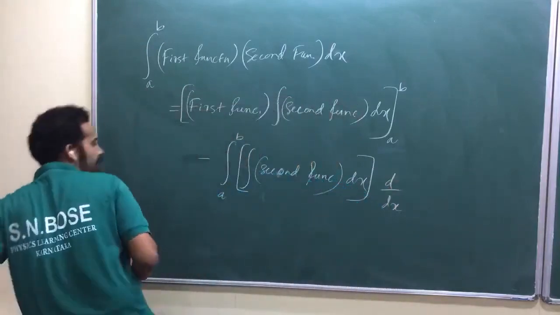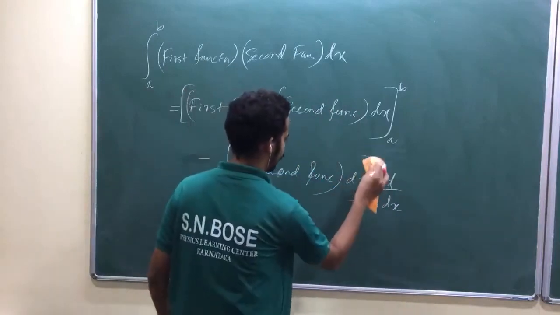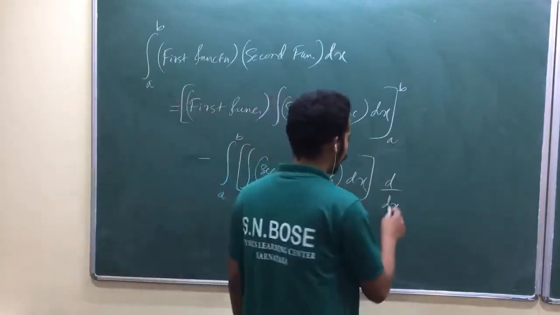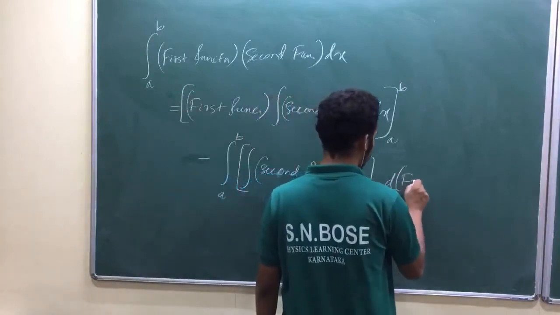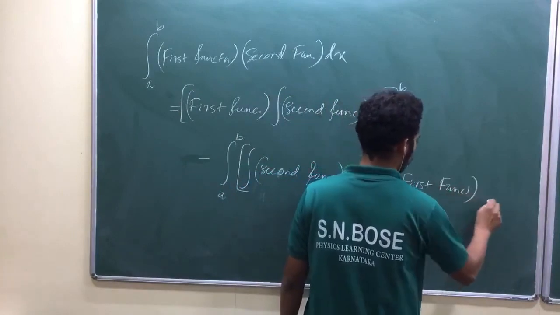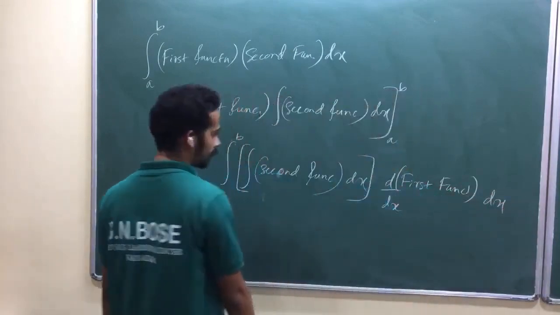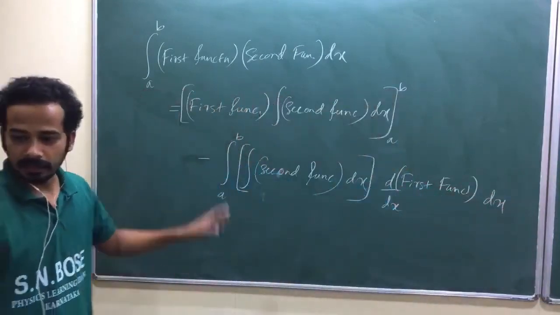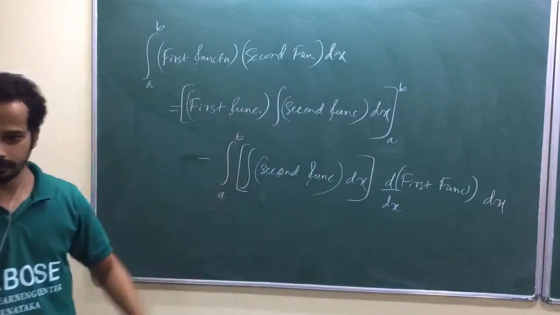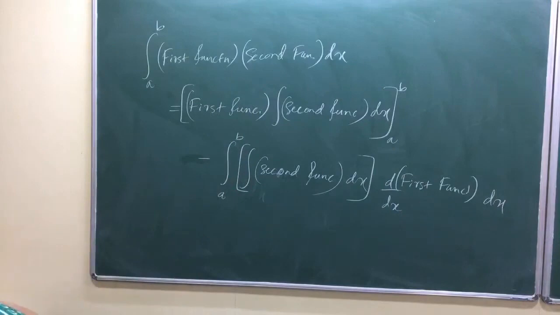Or you better take this dx outside. Integration of second function dx here only, differentiation of first function into dx. This is what I remember, and I'll not write this one always. Okay, I'll speak in my mind and I'll do the problem.